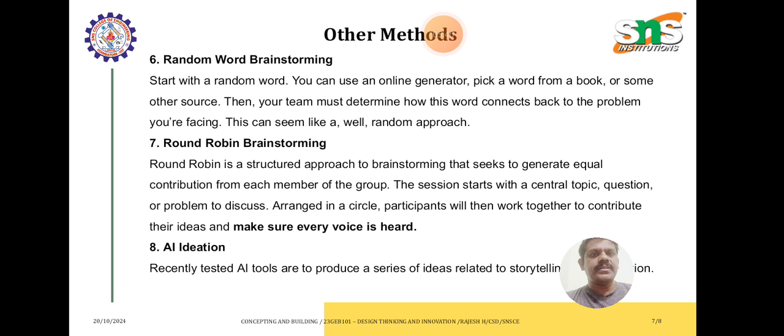There are also other methods called random word brainstorming, round robin brainstorming, and AI ideation. In random word brainstorming, we start with a random word and pick an idea from the word generated from a book or some other source. That's why it's called the random approach. Round robin brainstorming generates equal contribution from each member of the group by passing ideas around while keeping a central topic or question to discuss.